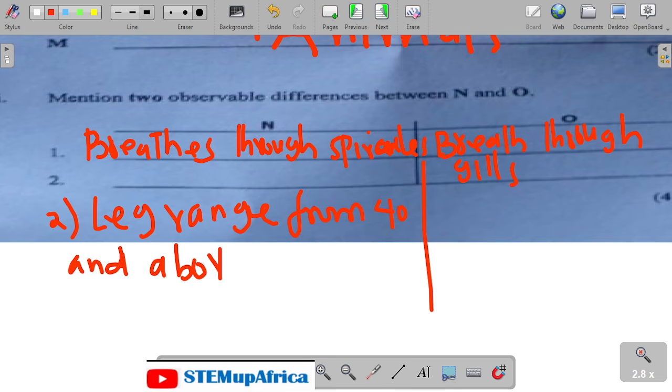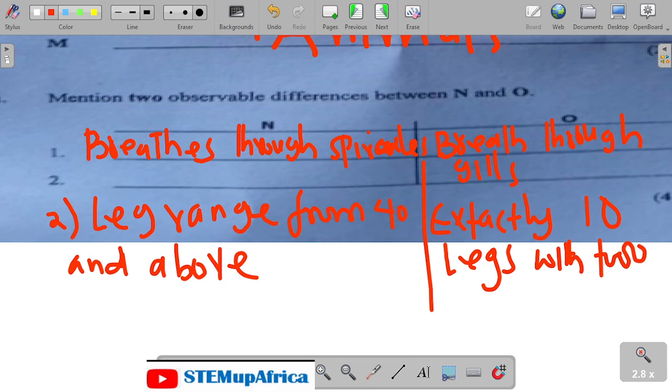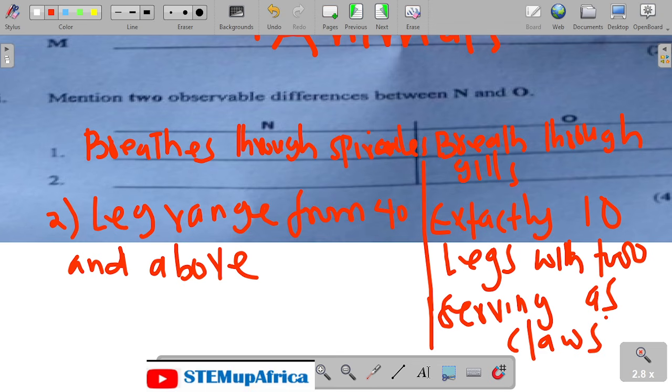Second case, O has exactly 10 legs, with 2 serving as claws. So that is the solution to the question.